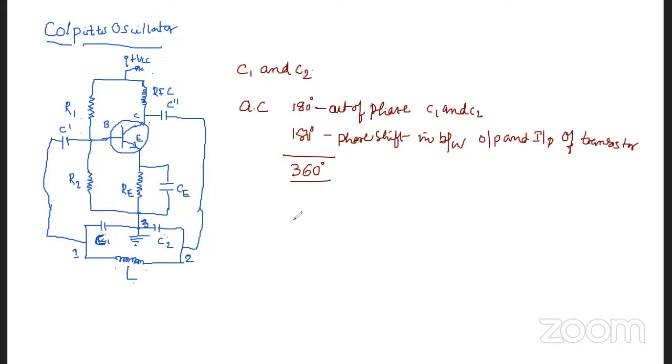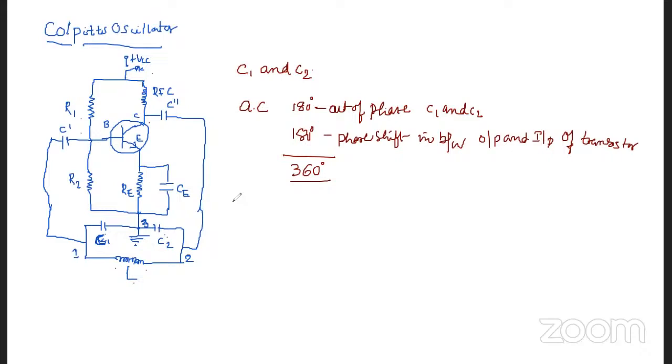In order to derive this frequency of oscillations, as we have seen in the last class in the case of the Hartley oscillator, the mathematical equations, we have to get the equivalent circuit of this Colpitts oscillator, which is similar to the Hartley oscillator we have seen in the last class. After getting that, we can derive the mathematical equation which we derived for the Hartley oscillator.